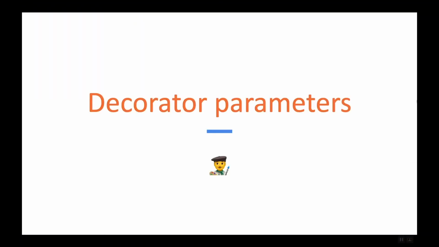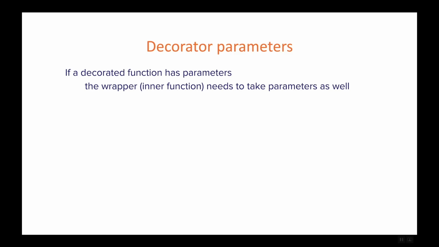All right, so in this video, we're going to talk about decorator parameters. Now, the decorators can take some parameters that the functions have as well, right? So if a decorated function has parameters, then the inner function of our decorator needs to take those parameters as well, right? So all the parameters of the function will be passed to our inner function, to our wrapper.